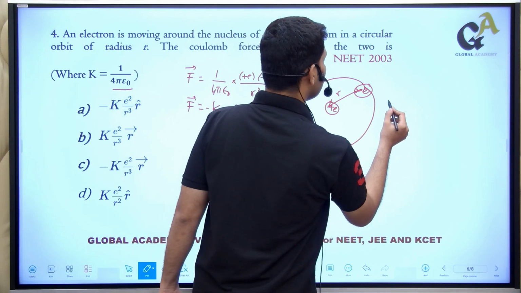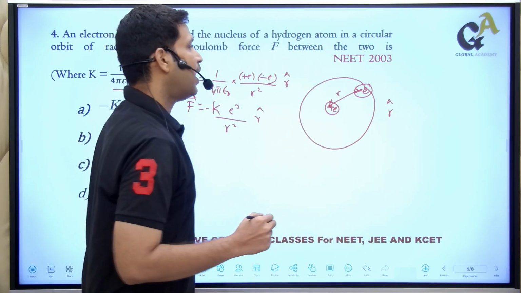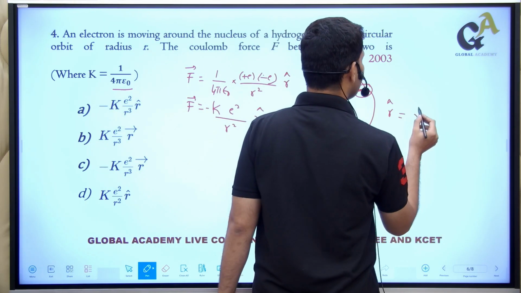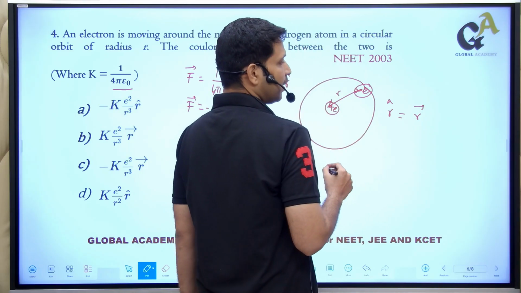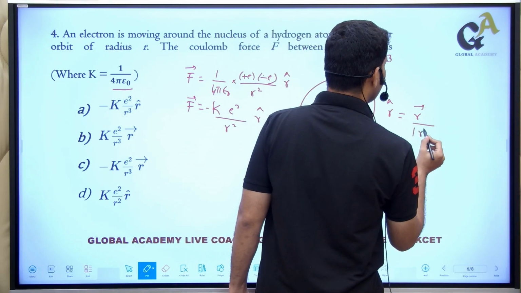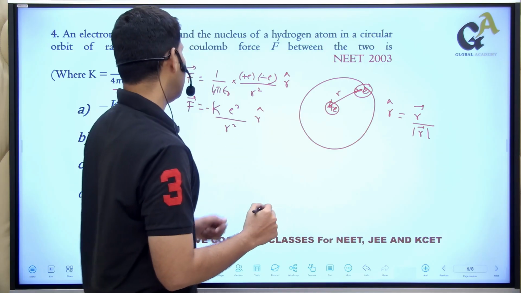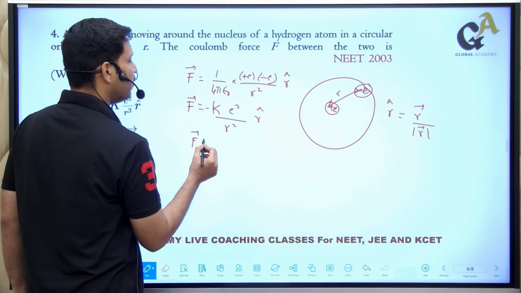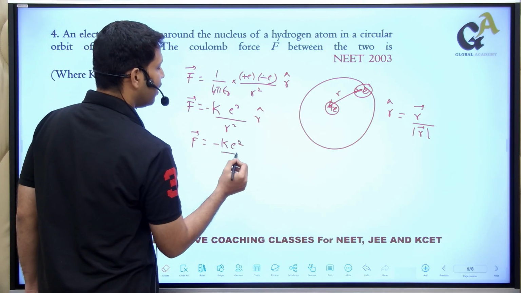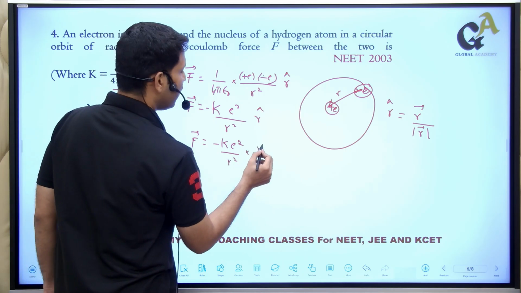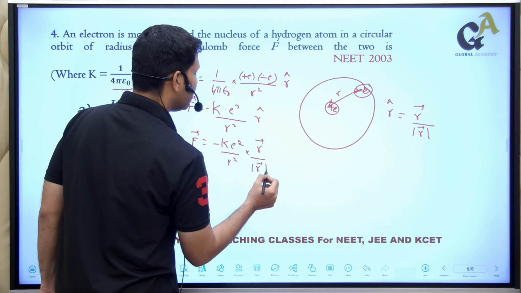We know that the unit vector in vector notation is given by r cap is equal to vector r divided by the magnitude of vector r. If you substitute here, you will get F is equal to minus k e square divided by r square into vector r divided by the magnitude of vector r.